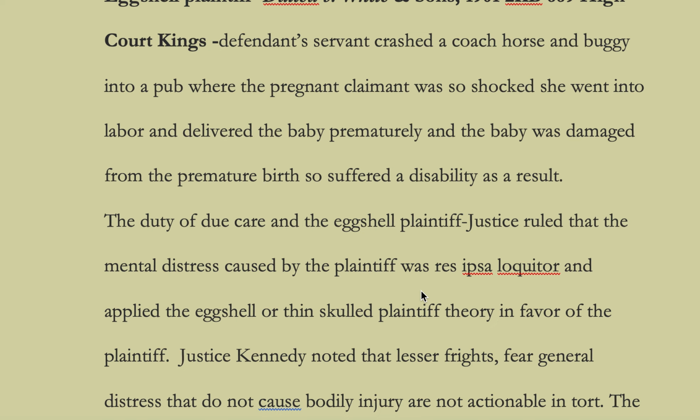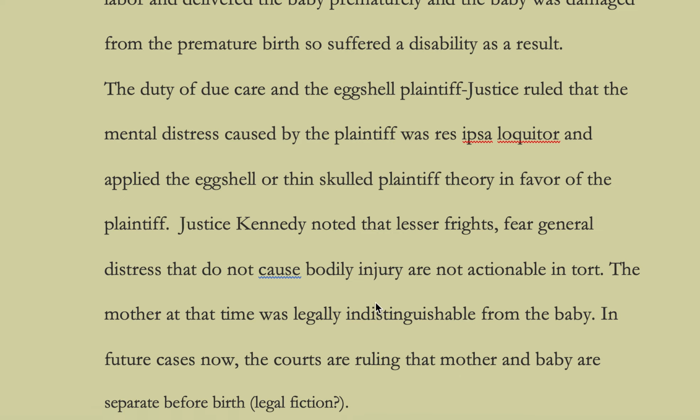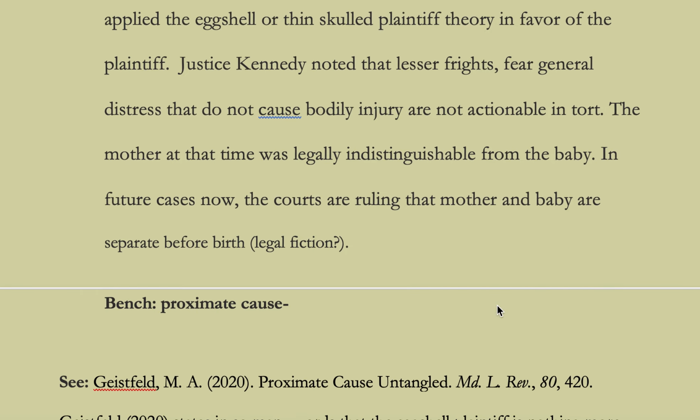And basically, the justice was Kennedy, and he noted that lesser frights, fear, general distress that do not cause bodily injury are not actionable in tort. So you can jump up and scare somebody, or you can do other things, but if it doesn't cause physical damage, they're not going to be able to recover. But at that time, the mother was indistinguishable from the baby. And basically, in future cases, the courts might be ruling differently on mother and baby.